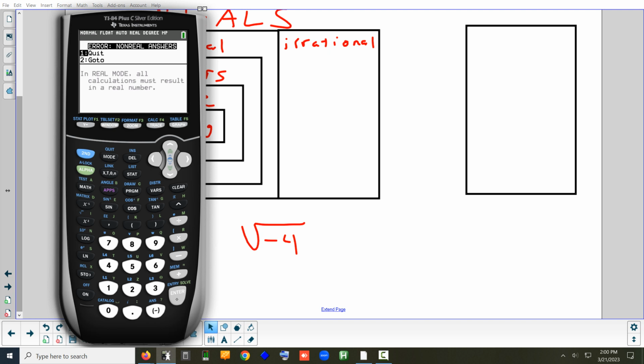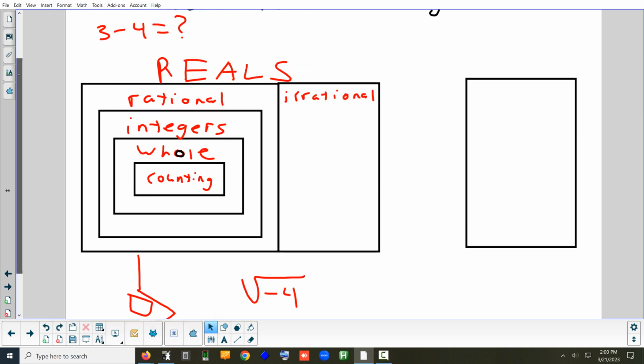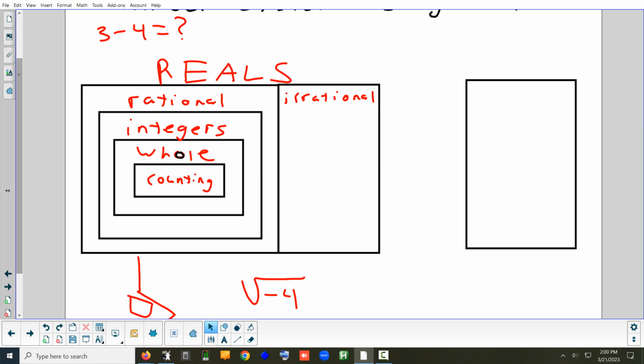Well, actually, it says error, non-real answer. It doesn't mean that you can't do this problem. It just means that the answer you get when you do it is not an answer that's in the real number system. It's an answer that's outside the real number system. And that's called imaginary.